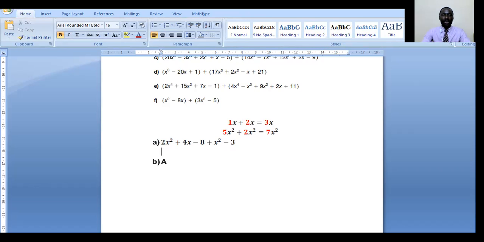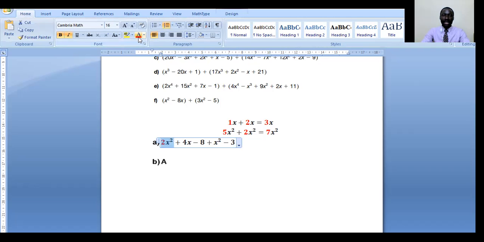Collection of like terms means the terms or expressions that are similar are grouped together. Similar in the sense that if one has got x, the other one also has x. If one has got x squared, the other one also has x squared. And if the other one has got a constant, then we group it also as a constant.